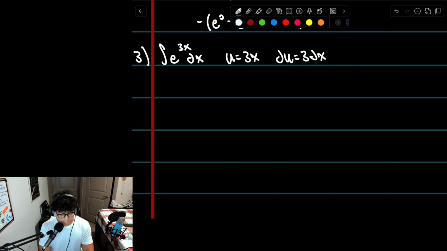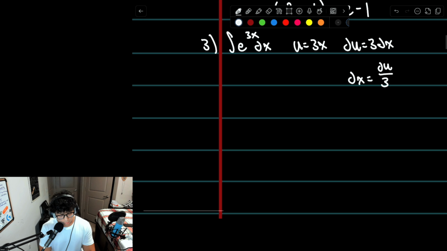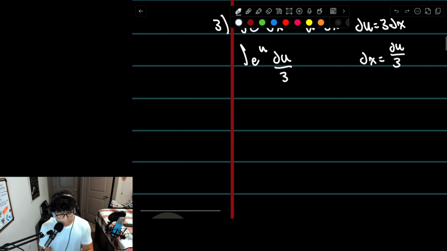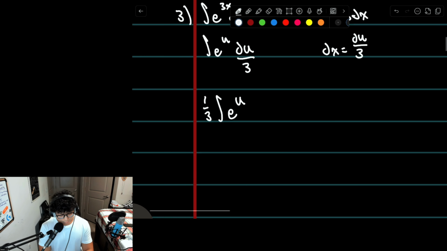And to solve for dx, we just divide by 3 and plug in. So now we're given the integral of e to the u du over 3. Now technically this is 1 du over 3, so that's considered a constant, not the du part, just the 1/3 part. So you could take it out. And it becomes 1/3 times the integral of e to the u du.